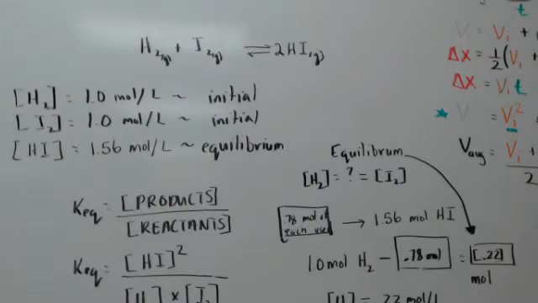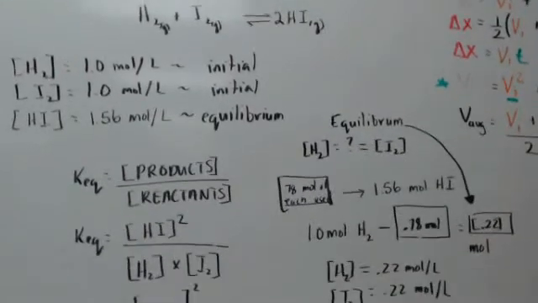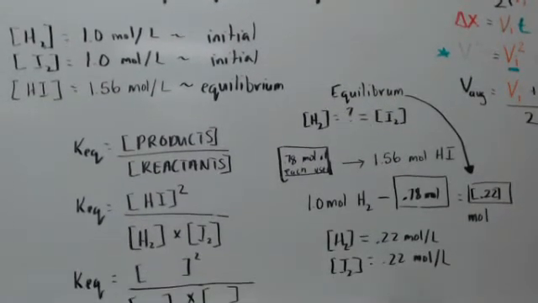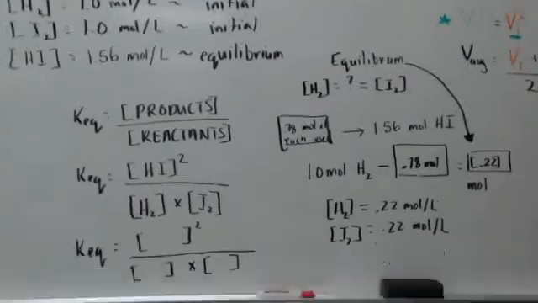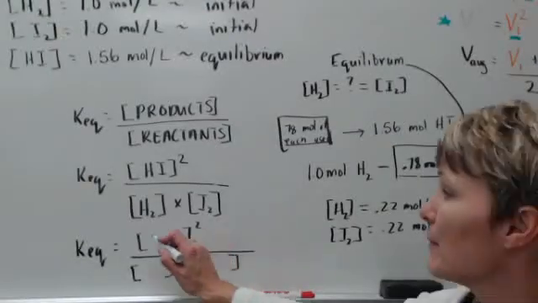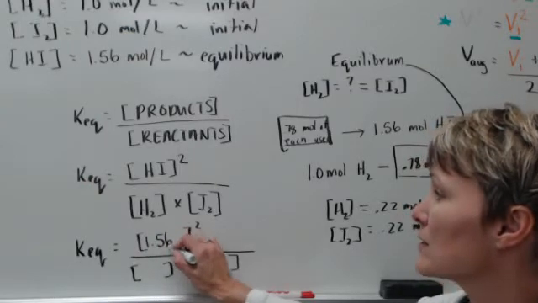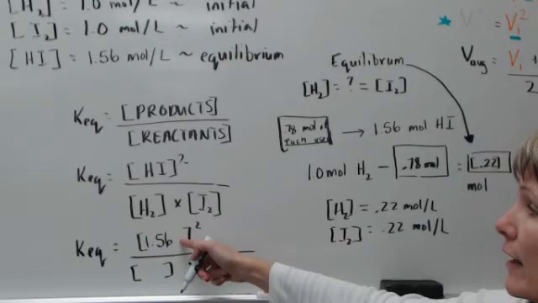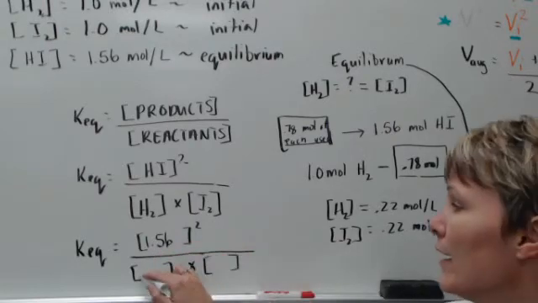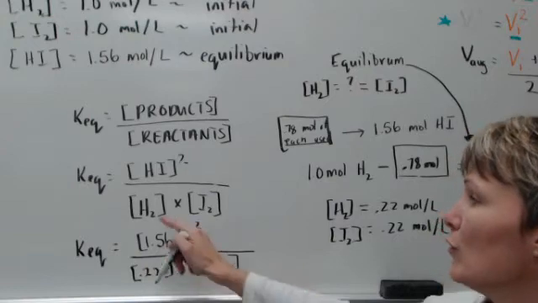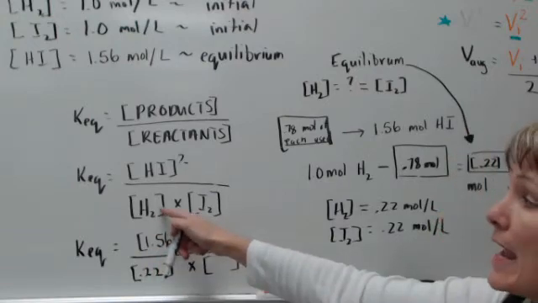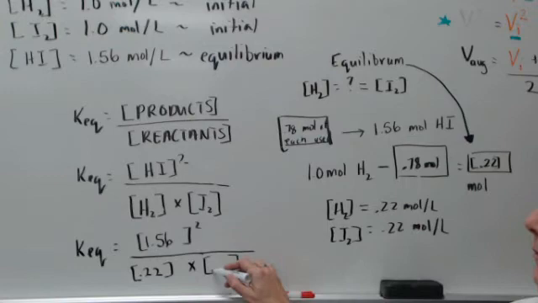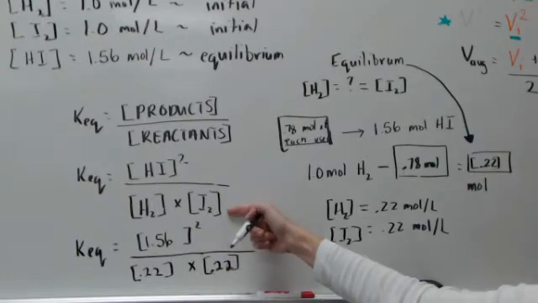Now I'm ready to plug these values into my equilibrium equation. I can take my 1.56 moles of hydrogen iodide squared, and I can divide that by my 0.22 moles remaining of hydrogen and my 0.22 moles remaining of iodine.